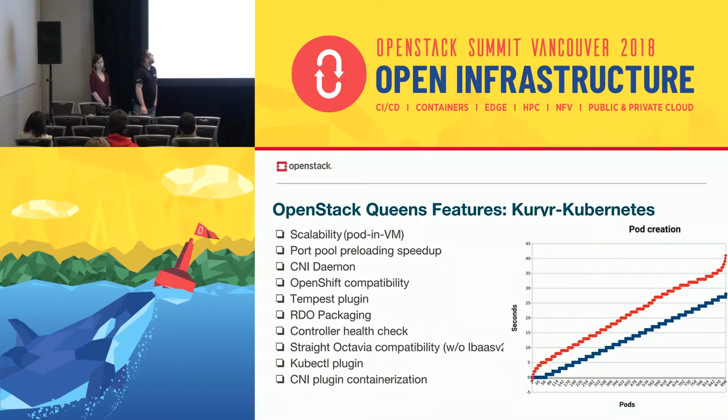So let me give you a brief overview of the work that we have been doing for Queens. First of all, we have been working a lot on scalability. One of the things that we were most interested in this cycle is to greatly increase the pods per second that we could handle.